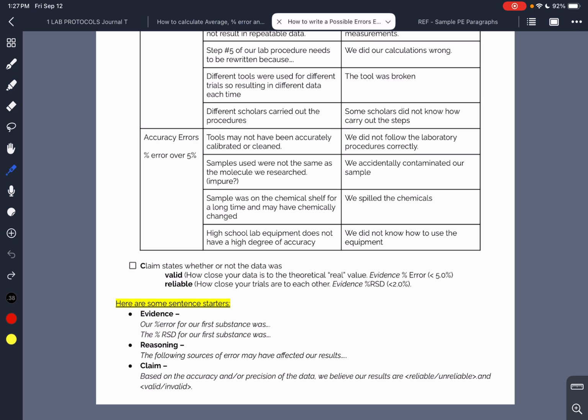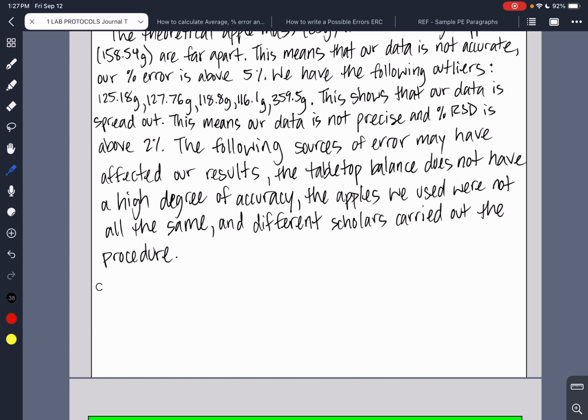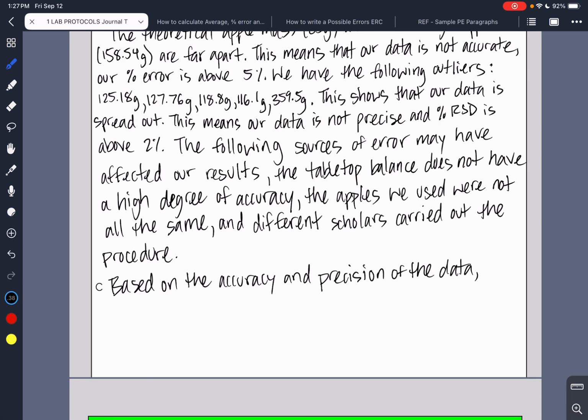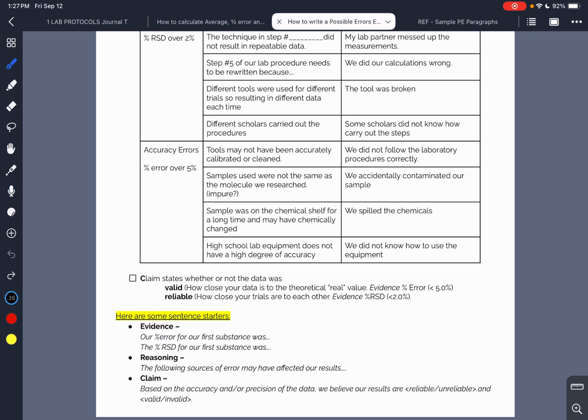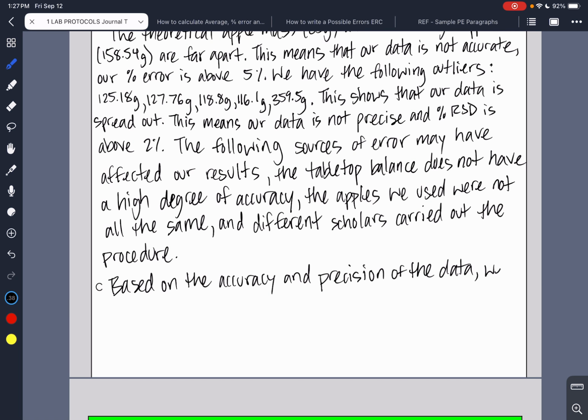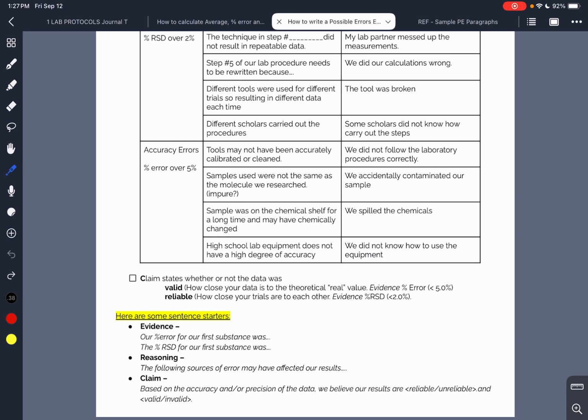So let's start by writing, based on the accuracy and precision of the data, we believe our results are reliable or unreliable.